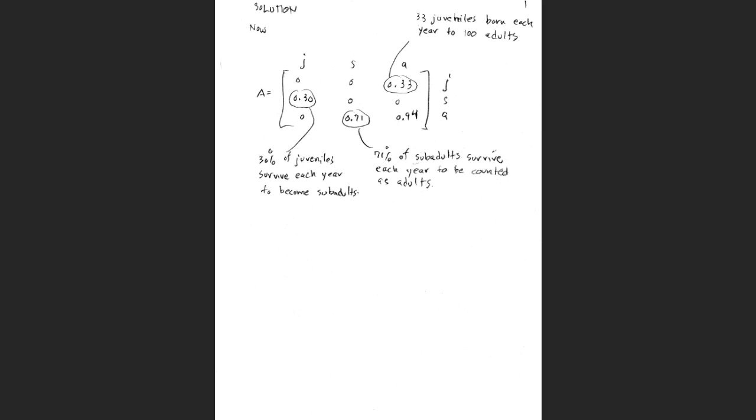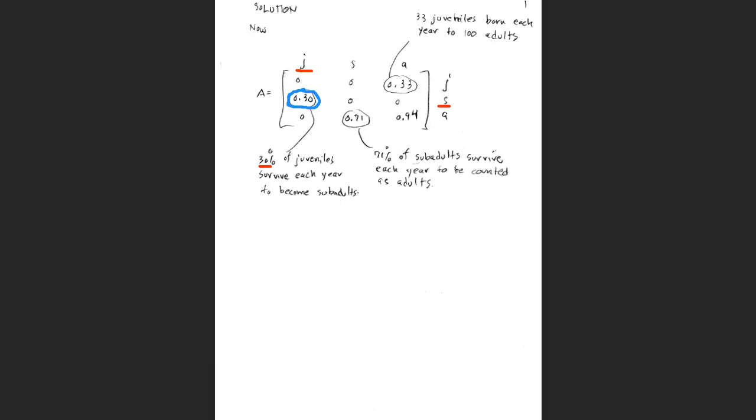The stage matrix gives the chances. There are three stages of this spotted owl: juvenile, subadult, and adult. Every entry has meaning. For instance, the 0.30 here is going from juvenile to subadult. So a juvenile can become a subadult after a year with 30% probability, because 30% of juveniles survive each year to become subadults.